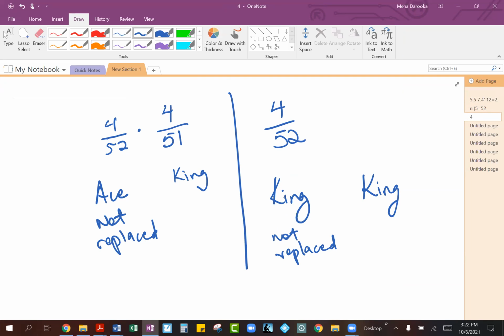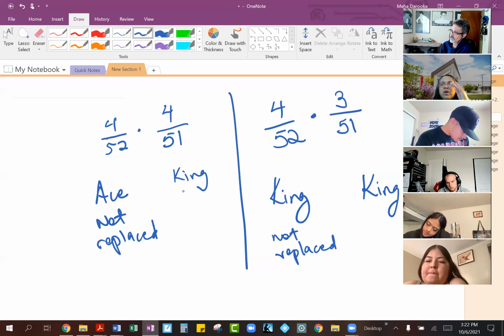You did get the king out, which means you now only have 3 kings left and only 51 cards left in your deck. So if you were drawing the same card in first and second, you see how much more that second probability changes. But if you're doing 2 different cards, an ace and a king, the assumption is we got the ace on the first draw. Now, what happens when we get a king on the second one?